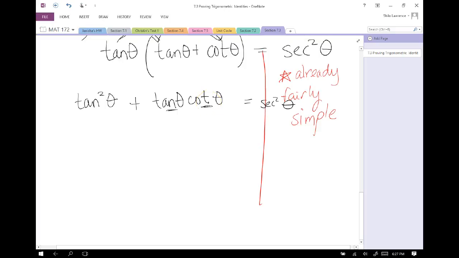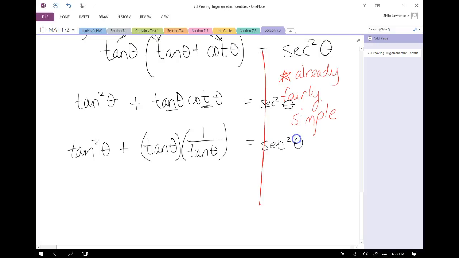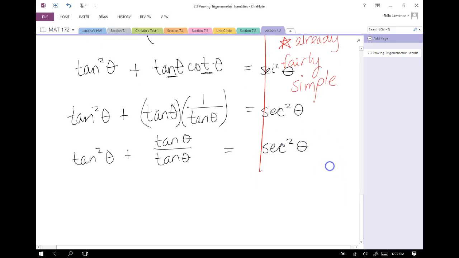Cotangent is the reciprocal of tangent. So I'm going to use that to help me simplify that second term. Cotangent is 1 over tangent. And if I multiply them together, and I'm going to do this in several steps, it really turns into the fraction tangent over tangent, which is equal to 1.